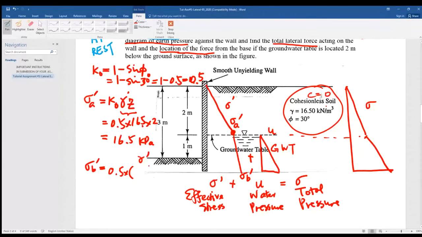The gamma dash is equal to 16.5 minus the unit weight of water. What's the vertical stress there?